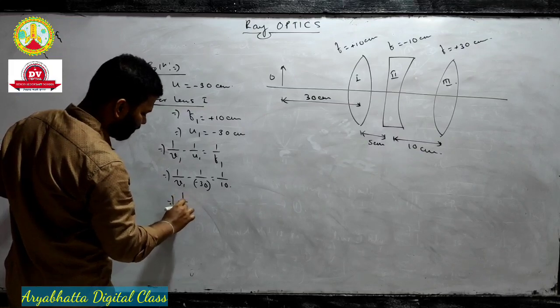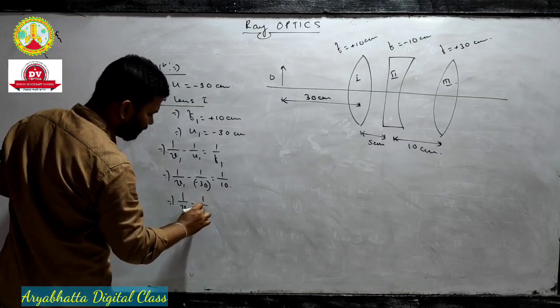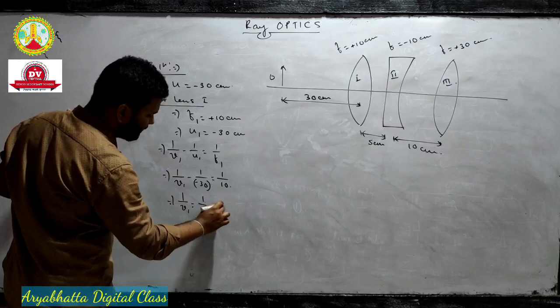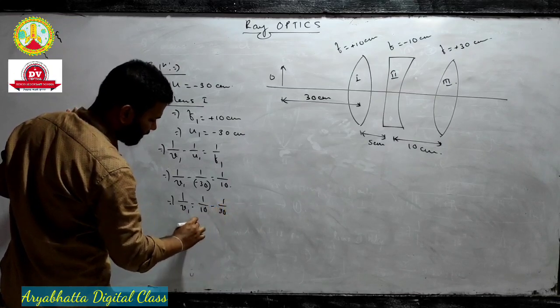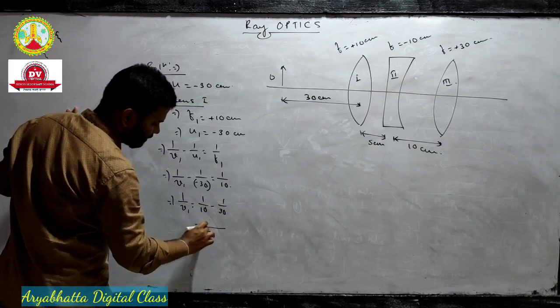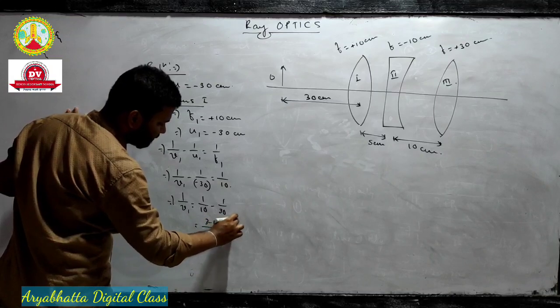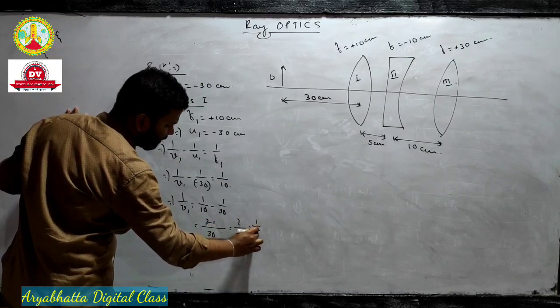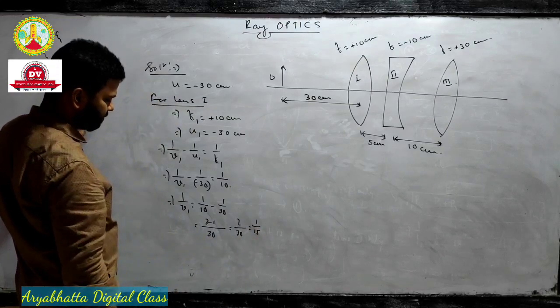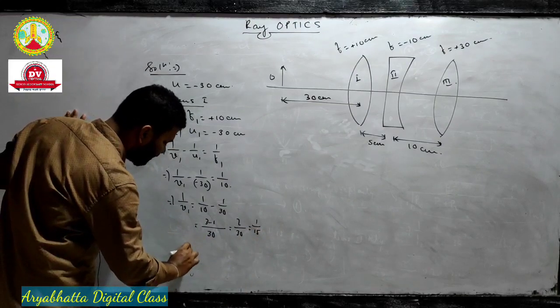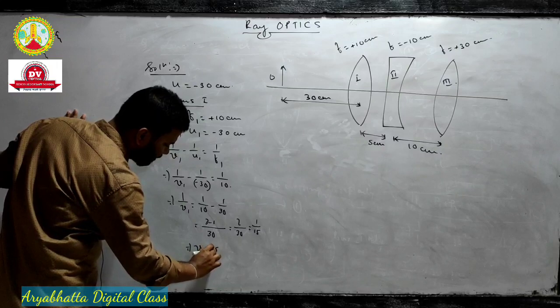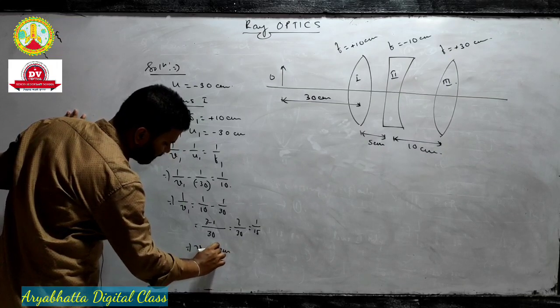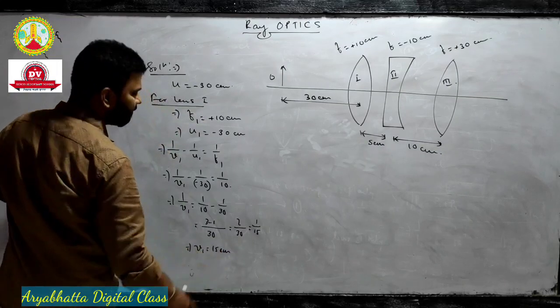So 1 by V1 is equal to 1 by 10 minus 1 by 30, 3 minus 1, 2 by 30, 1 by 15. So V1 will be 15 centimeter.